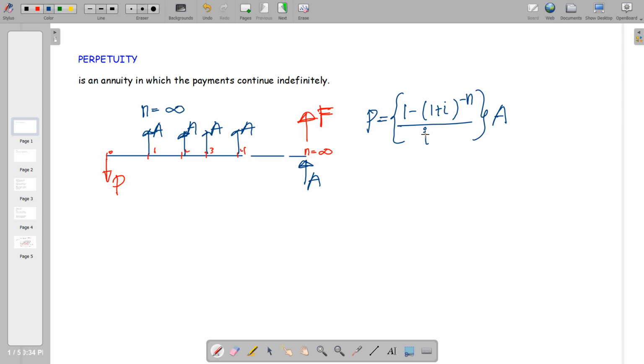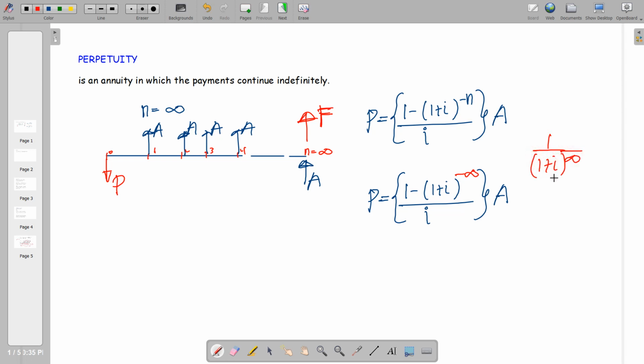So this is the formula, and then all we need is to set n into infinity. If we are going to set this one, parang magiging 1 over 1 plus i raised to infinite yan. So definitely ito magiging larger value.